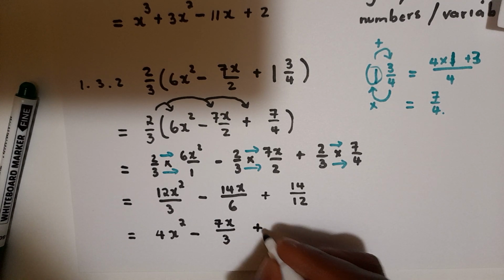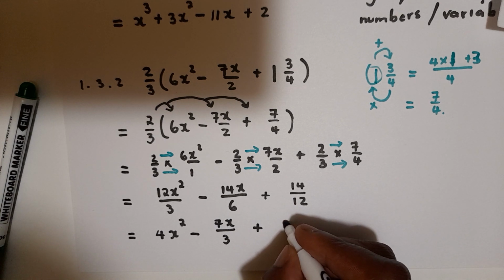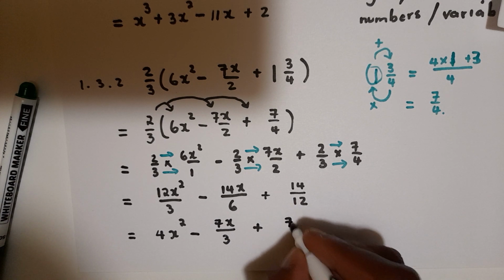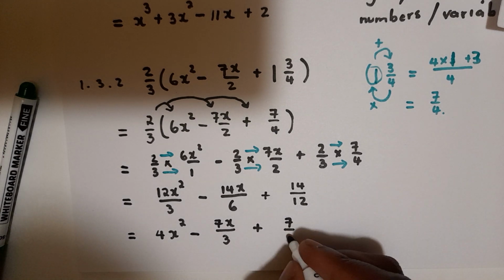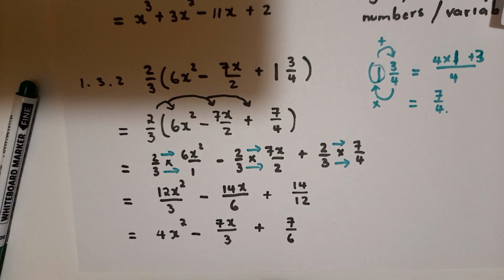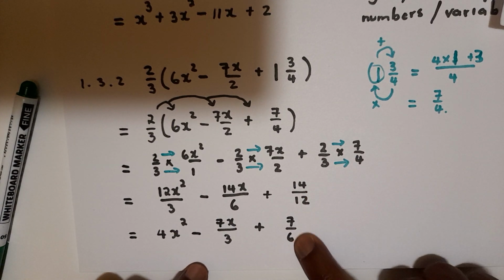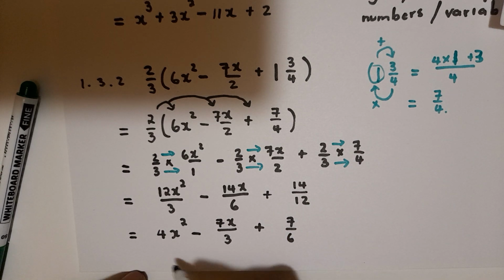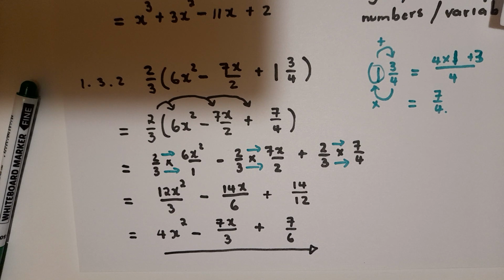Then plus, again, dividing this by 2, my highest common factor, we have 7 divided by 6. So 2 goes 7 times into 14 and then 6 times into 12. Okay, then we have actually simplified this.